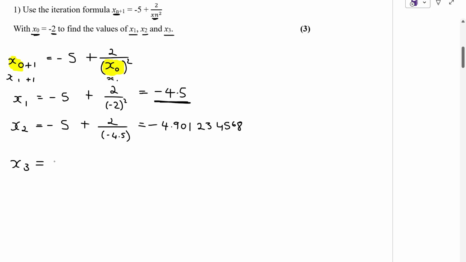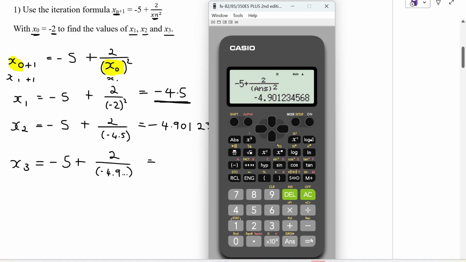And x3, same thing again. We're using the previous answer. So I'm just going to press equals again.